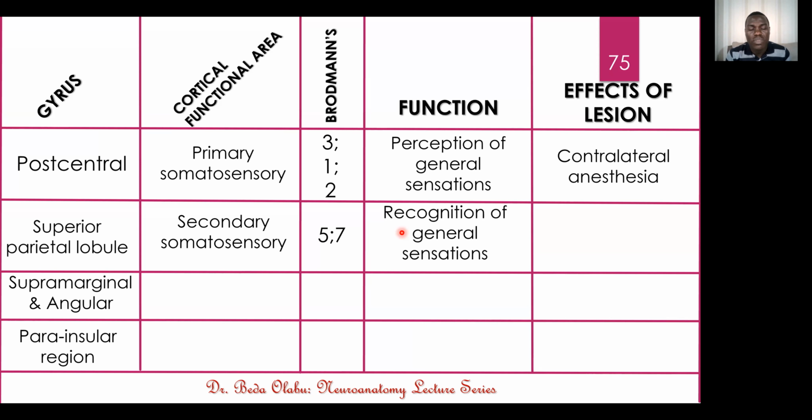But my secondary somatosensory area will associate that hard thing I'm holding with memory and identify it as a phone. So a secondary sensory area is for recognition, to identify the sensations. For you to identify, you need to link what you have at that point with what you already know. You need to link it with memory.